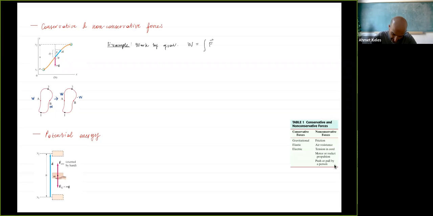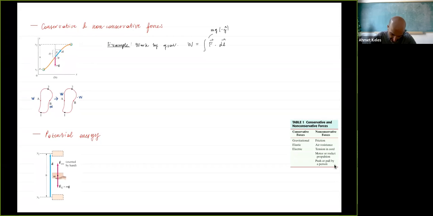And for that, work done by gravity, as we know from last week, is force as a vector dotted with displacement as a vector. So this force is mg, and it is along the y direction. And if you zoom into dl, dl is in some direction that's along the path.